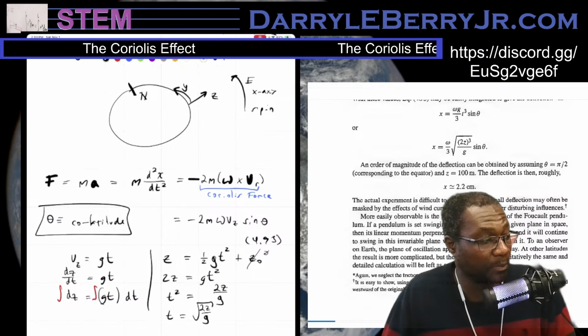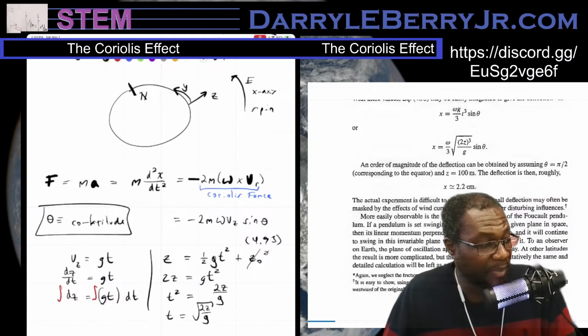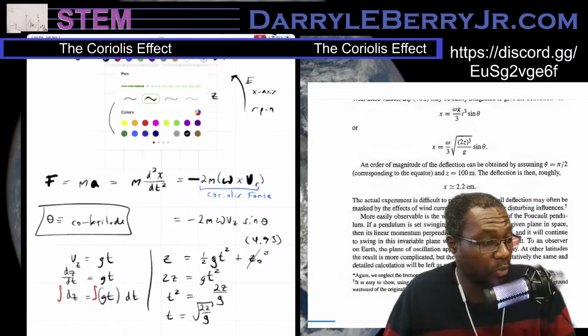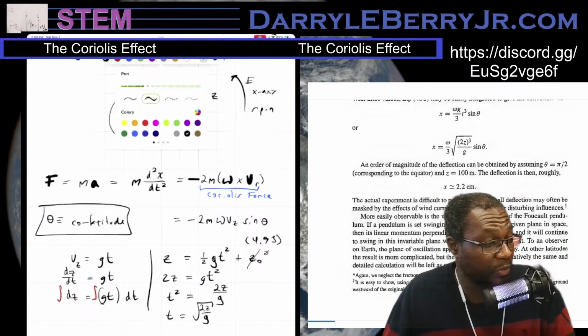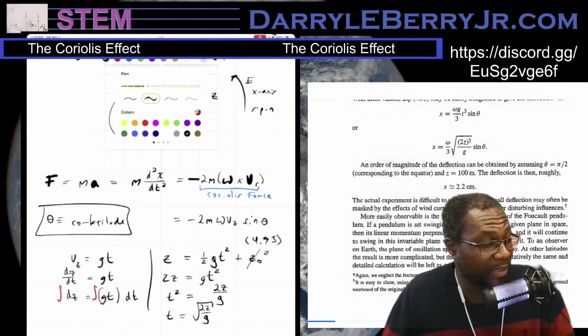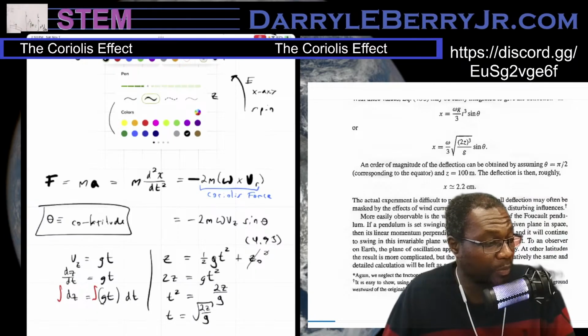More easily observable is the well-known experiment of the Foucault pendulum. The pendulum is set swinging at the North Pole in a given plane of space. Then its linear momentum perpendicular to the plane is 0, and it will continue to swing in this invariable plane while Earth rotates beneath it.